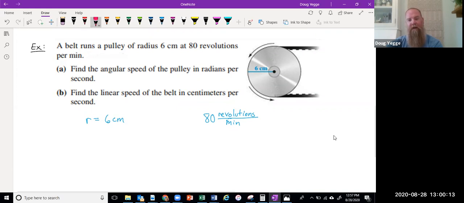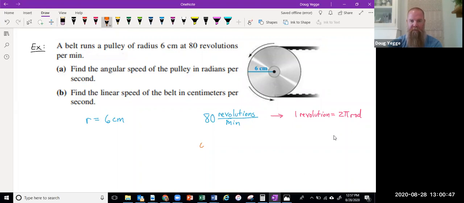So if I have 1 revolution, I should recognize that 1 revolution is equivalent to 2 pi radians. So if I want to convert from revolutions per minute into radians per minute, all I'm going to need to do to find my omega, or my angular speed, well, before we find that, is find out what my radians per minute are, which is essentially what I'm doing here.